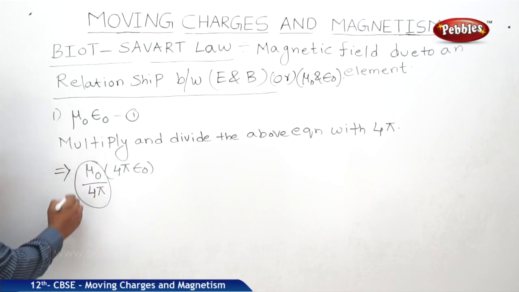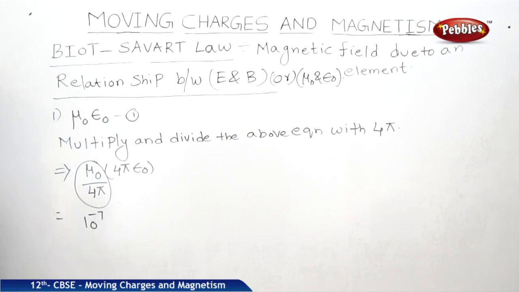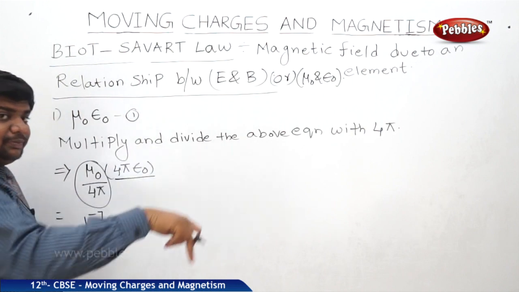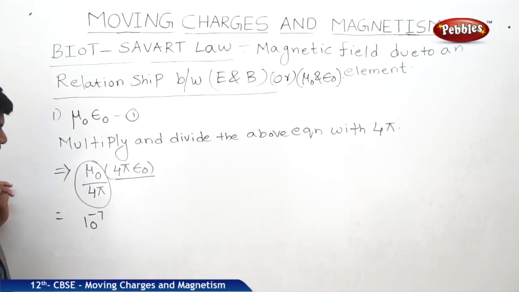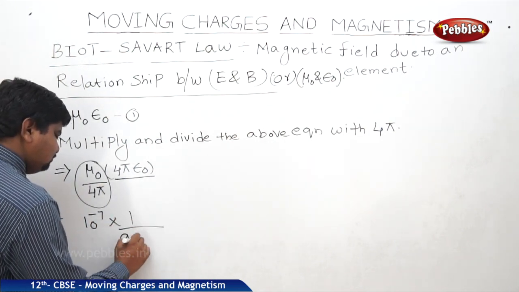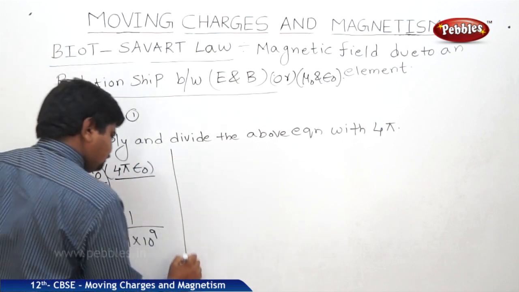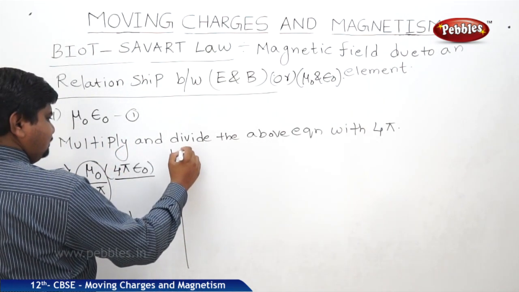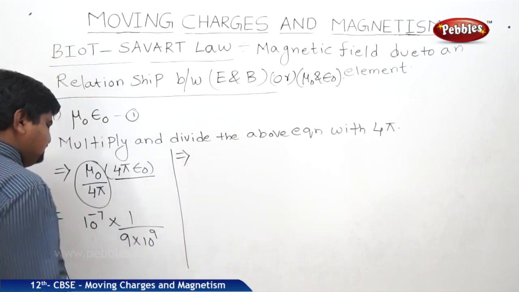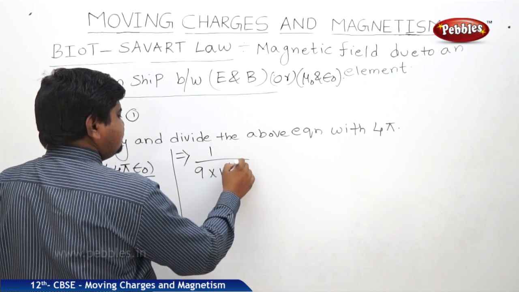We know that mu naught by 4 pi is equal to 10 power minus 7 Tesla. We know that 1 by 4 pi epsilon naught is 9 into 10 power 9. So 4 pi epsilon naught is equal to 1 by 9 into 10 power 9. So we got this as 1 by 9 into 10 power 16.